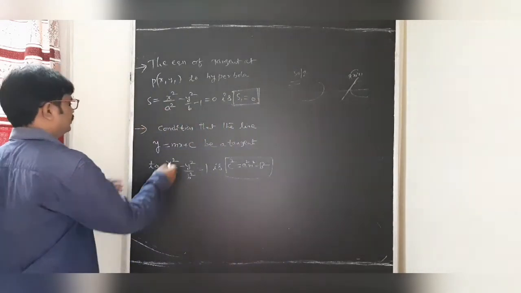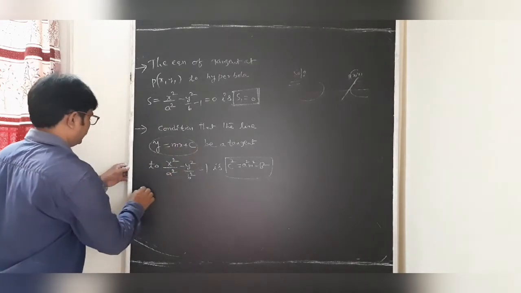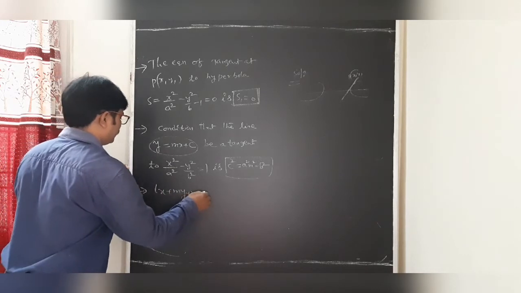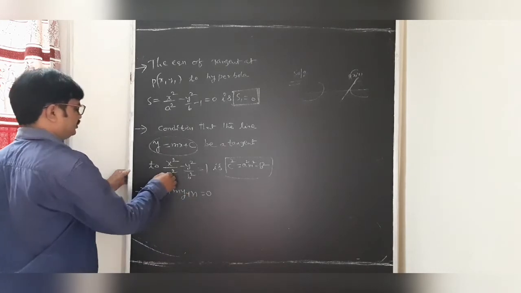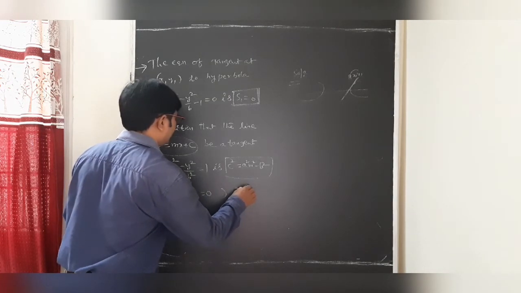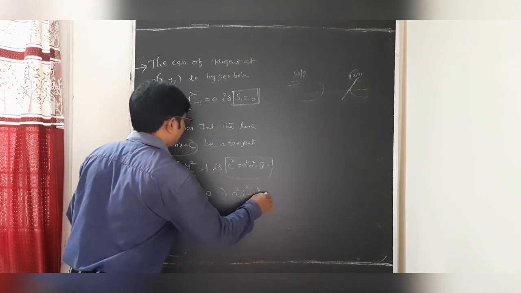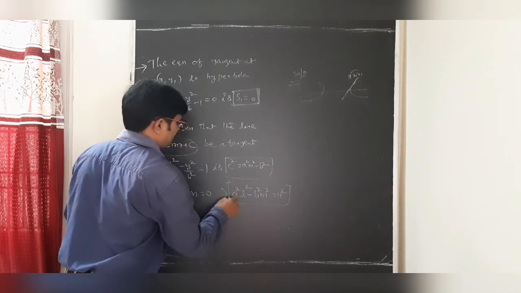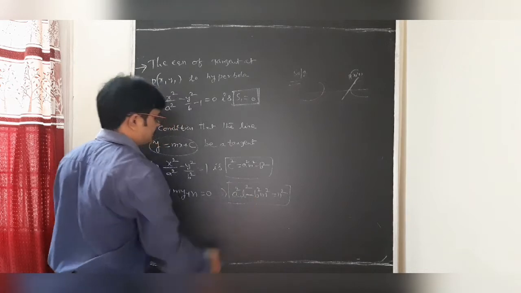The condition that the line lx plus my plus n equal to 0 may be a tangent to the hyperbola is a square l square minus b square m square equal to n square. In the ellipse, we observed that we are getting a plus sign.